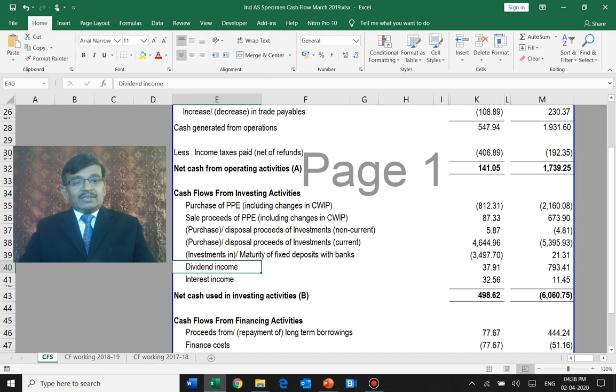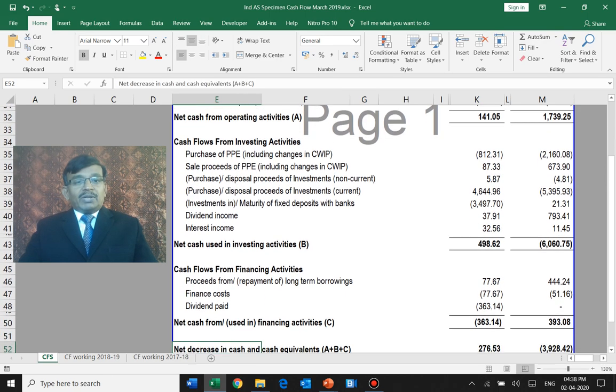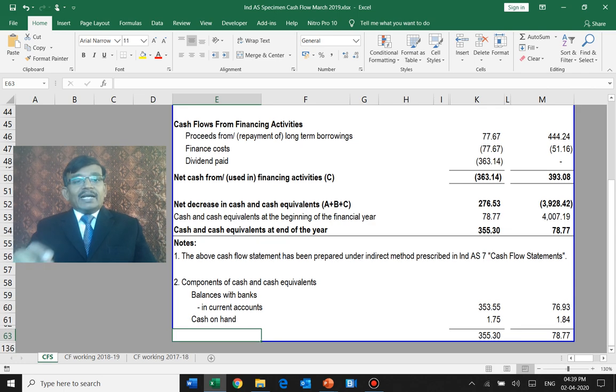So the second is the net cash that may be used or received from investing activities. In this case, in the first year there is a net cash received from investing activities. In the second case, it is a net cash used in investing activities. The third part of the cash flow statement, as we have already seen, is the cash flows from financing activities.